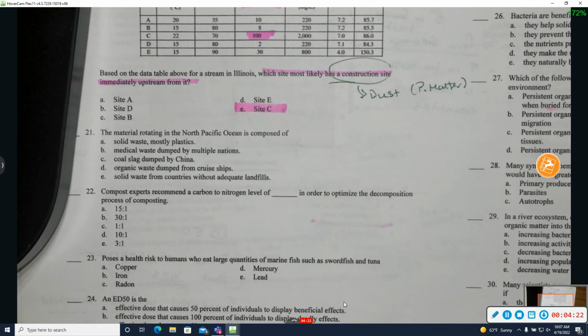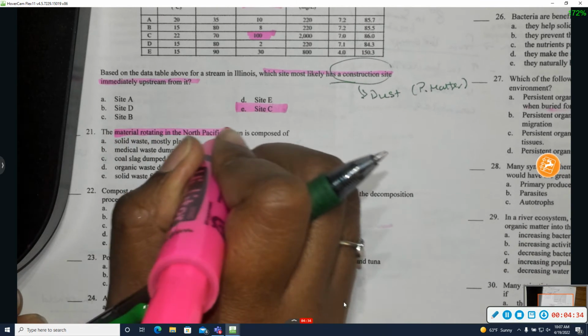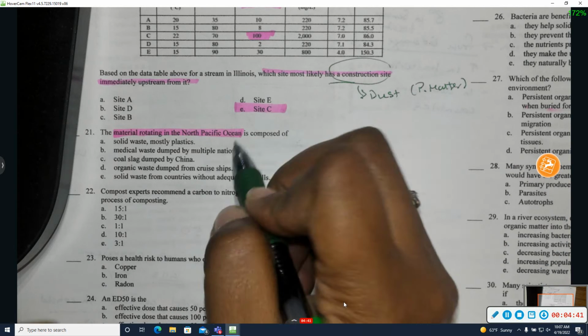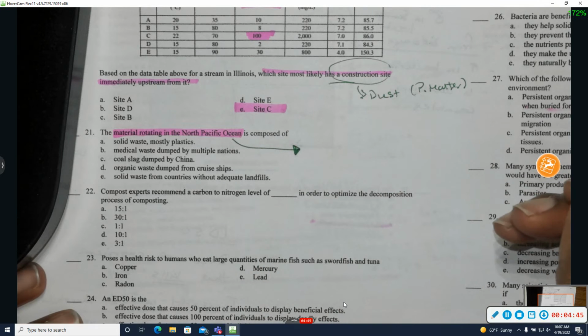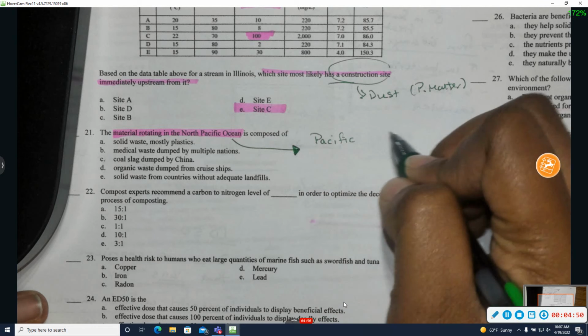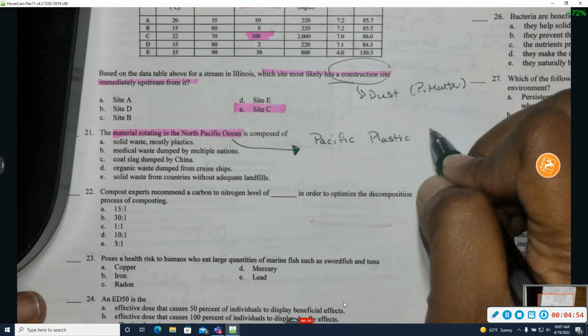Okay. Find this one. The material rotating in the Pacific Ocean is mostly consisting of. Alright, so we talked about ocean dumping, and specifically the Pacific Plastic Patch, sorry.